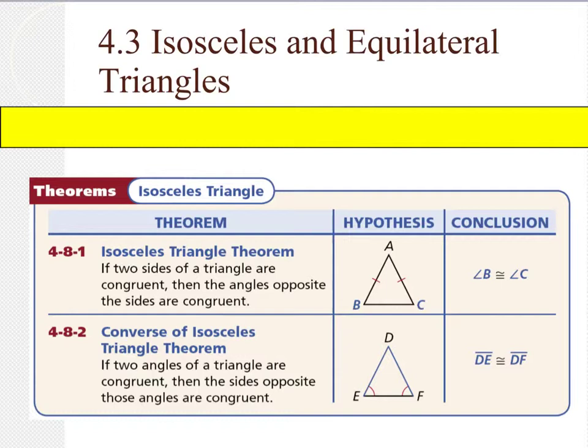So if you look at the first triangle, angle C would be congruent to angle B because they're opposite sides AB and AC. And looking at that second one, the converse, if we know that angle E is congruent to angle F, we know that DF is congruent to ED. Sweet.